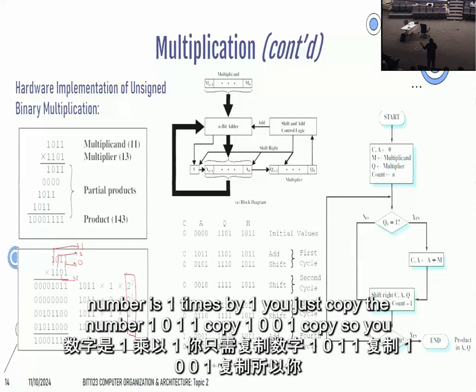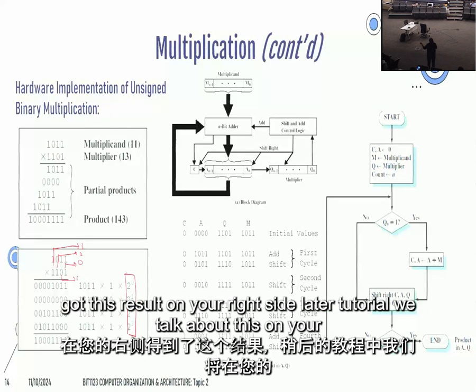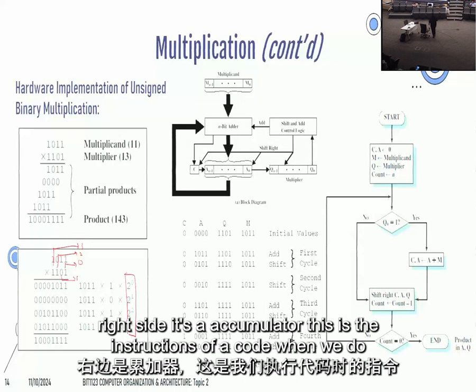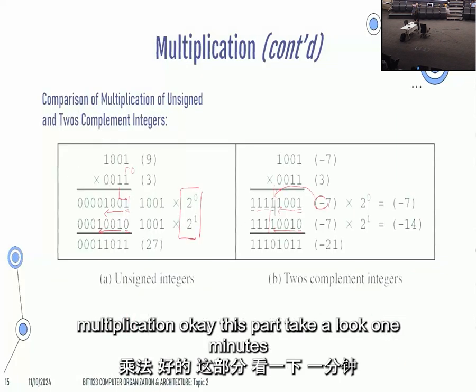Whatever number is 1 times 1, you just copy the number. 1011 copy, 1001 copy. So you got this result. On your right side, later in the tutorial, we talk about this. On your right side, it's the accumulation. This is the instructions of a code when we do multiplication. Okay, this part. Take a look, 1 minute.